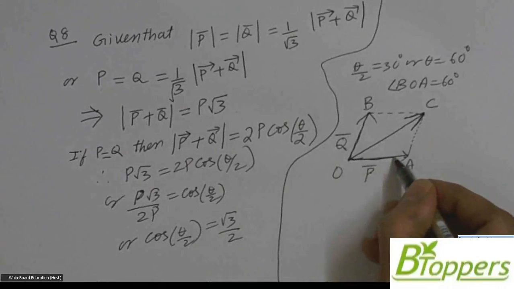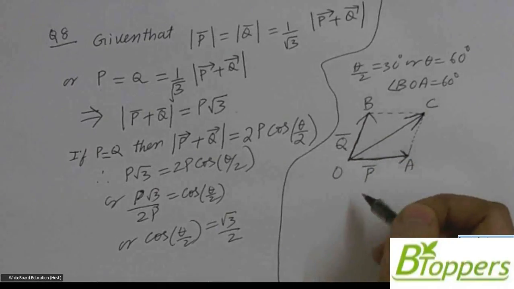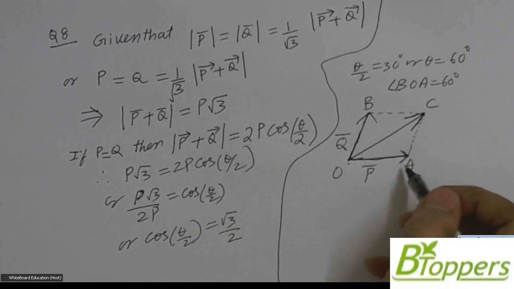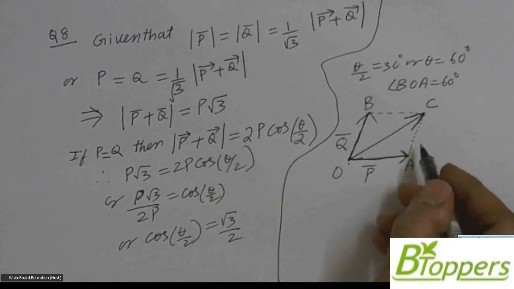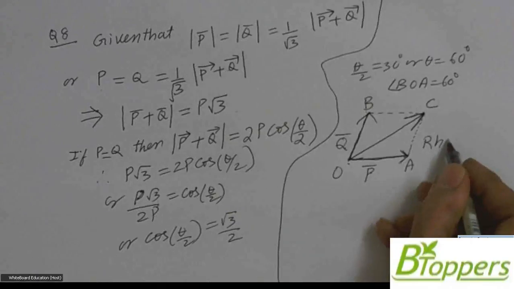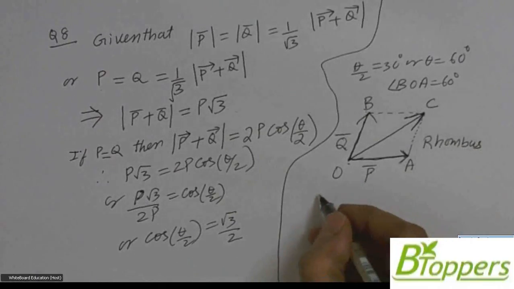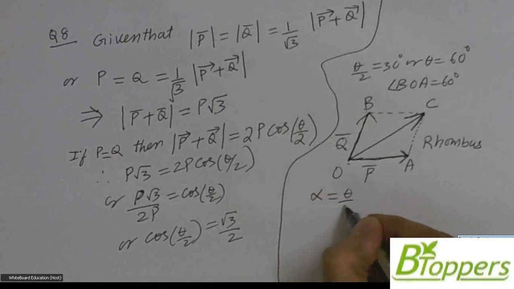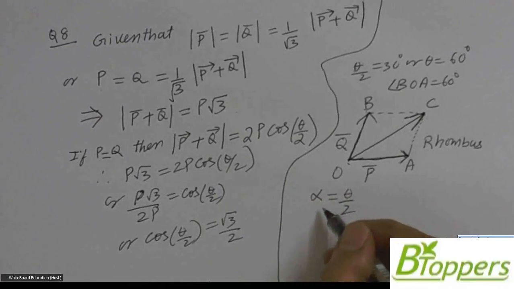That means the adjacent sides of the parallelogram have same length. So the parallelogram OACB will be a rhombus. So the resultant bisects the angle between the two vectors. That means alpha equal to theta by 2, when magnitude of vector P bar is same as magnitude of vector Q bar.